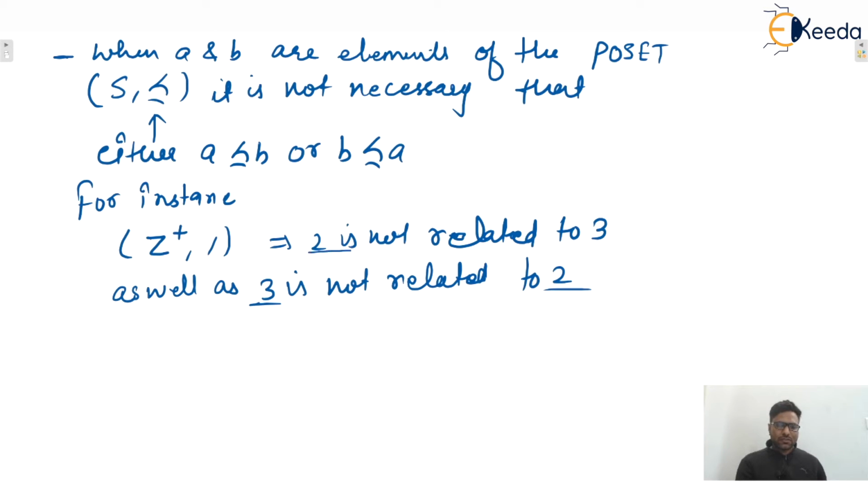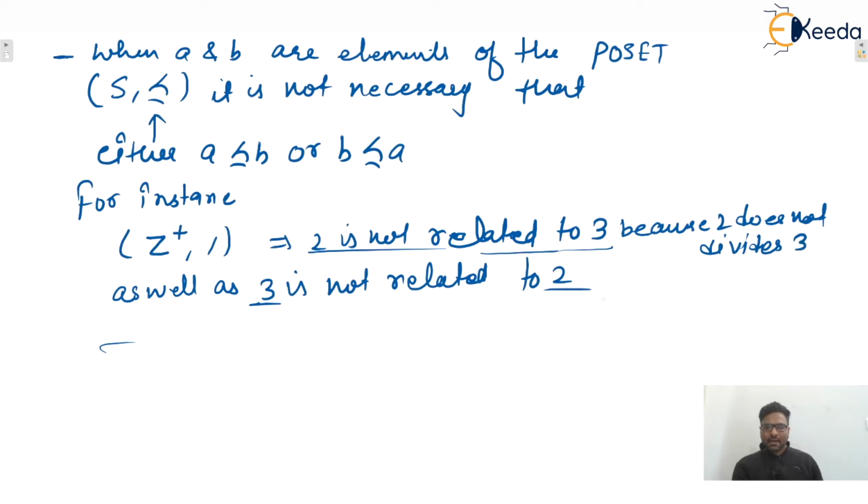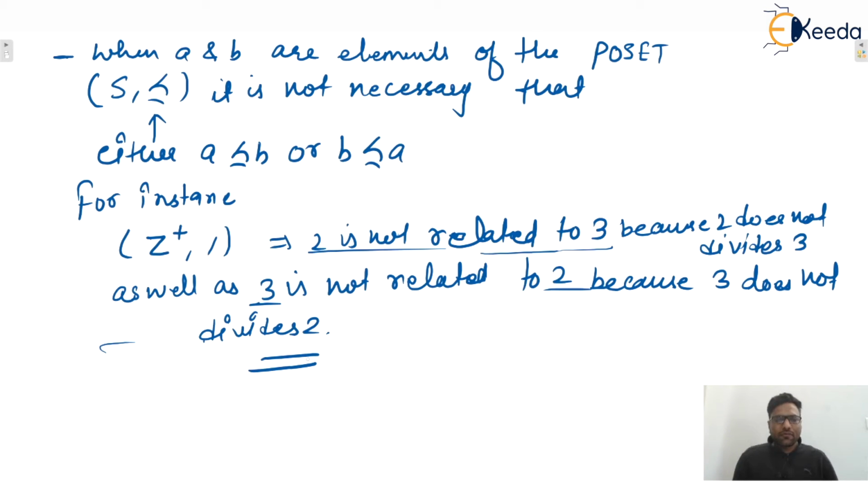So 2 is not related to 3, as well as 3 is not related to 2: here because 2 doesn't divide 3, and here because 3 does not divide 2. I hope this is clear to everyone.